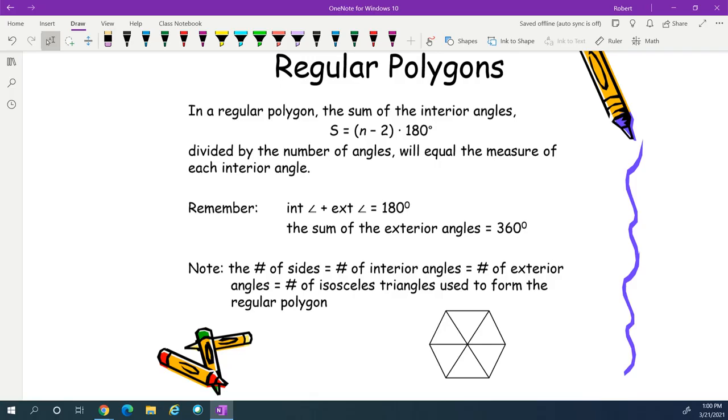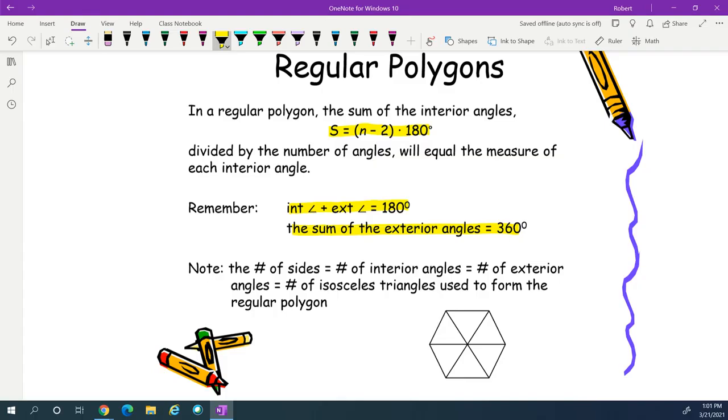So we've got a couple formulas here that are important to us. The sum of the exterior will always be 360, and an interior plus an exterior equals 180. Those are the formulas that we're going to need. As an example, at the bottom of the slide, we can see a regular hexagon.